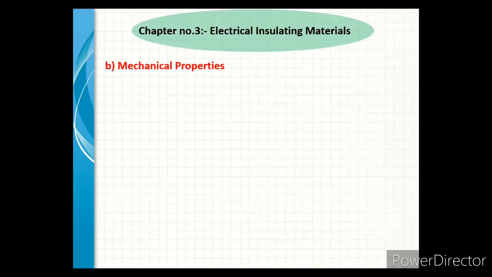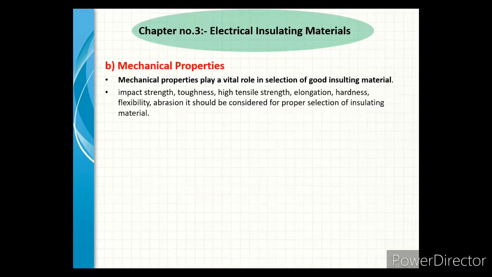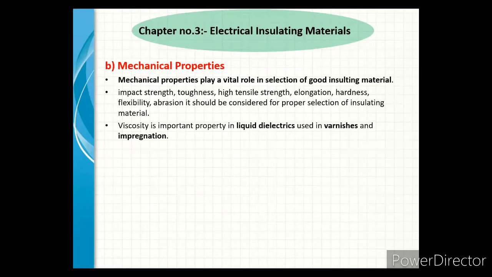Next, we see the mechanical property of insulating material. Mechanical property plays a vital role in selection of good insulating material. This property includes impact strength, toughness, high tensile strength, elongation, hardness, flexibility, abrasion. It should be considered for proper selection of insulating material. Viscosity is an important property in liquid dielectric used in varnishes and impregnation.